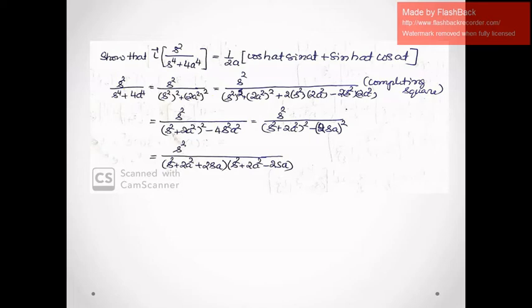I have to simply add plus 2ab or minus 2ab so that it becomes a square plus b square plus 2ab form. I will add 2ab and subtract it. Here a is s square and b is 2a square. So plus 2ab minus 2ab.